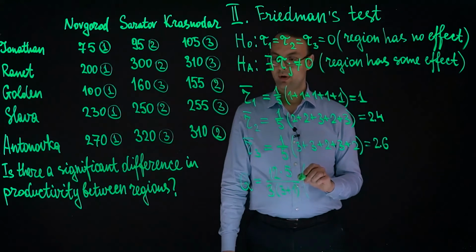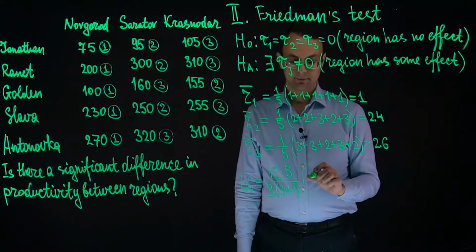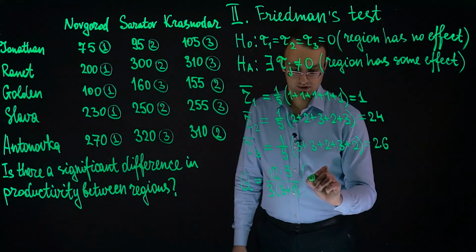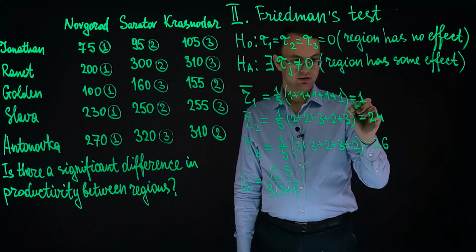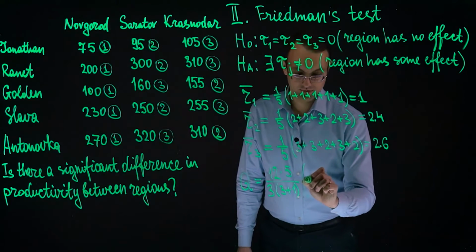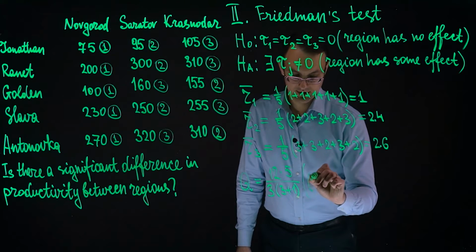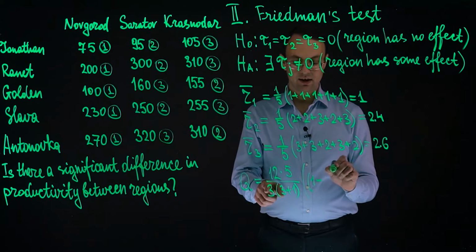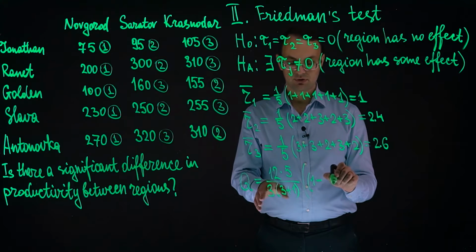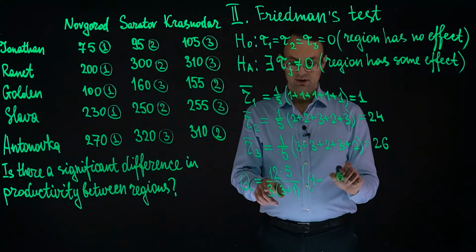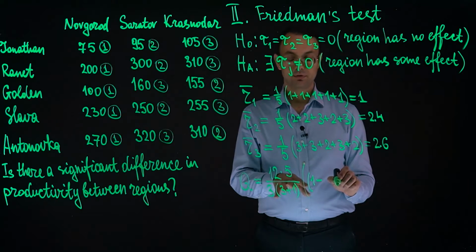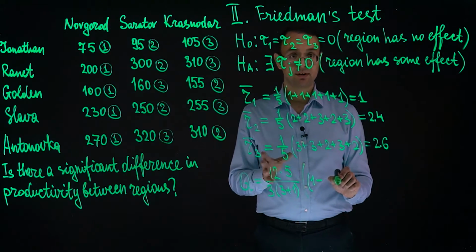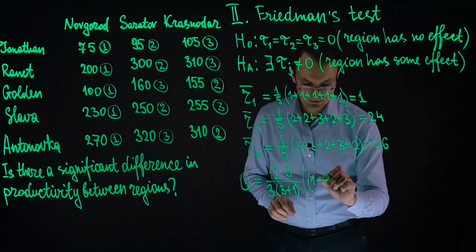And here we have the mean rank of the first column, R bar 1, minus (L plus 1) over 2. L is 3, so 3 plus 1 over 2. 3 plus 1 is 4, divided by 2 is 2.